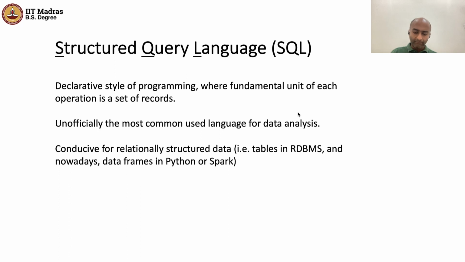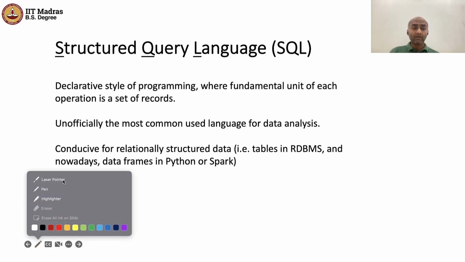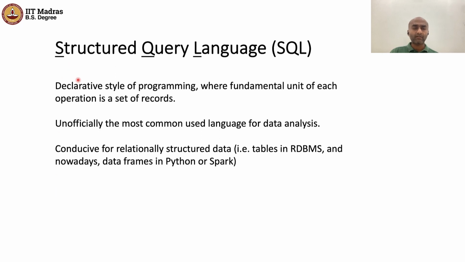The other angle to declarative is the fact that you don't have to actually worry about non-functional requirements. What that means is whether the data operation happens with this much speed or with much better speed, whether it happens on a system which is tolerant to failures or not, whether it caters to multiple other concurrent users coming and trying to query the same table and get some answers.